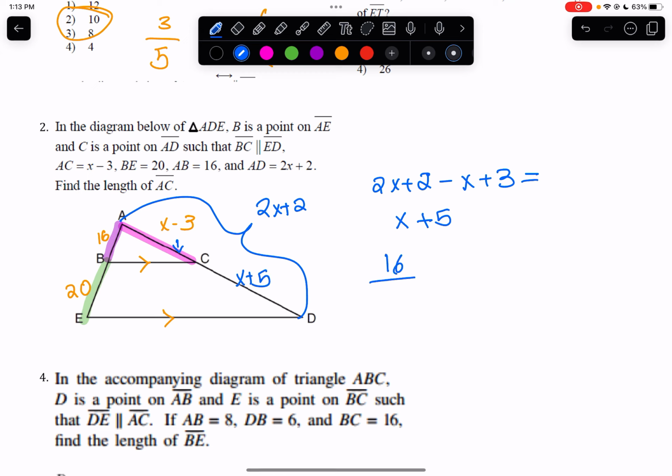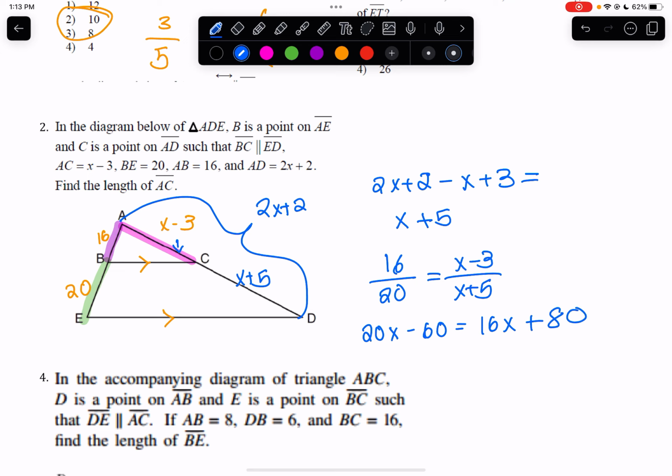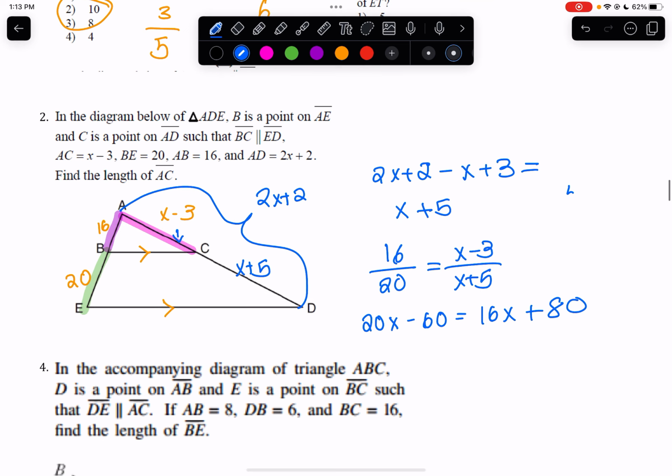So if we do 16 over 20 equals x minus 3 over x plus 5, we'll have 20x minus 60 equals 16x plus 16 times 5, which is 80. Move things around to get 4x equals 140.